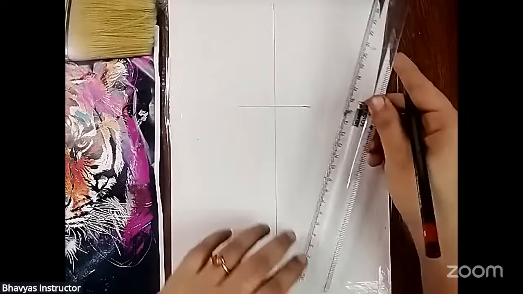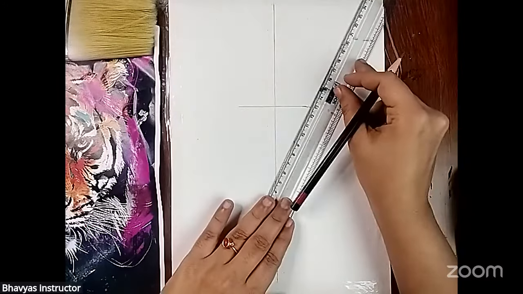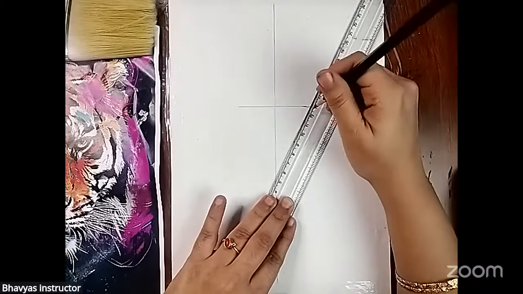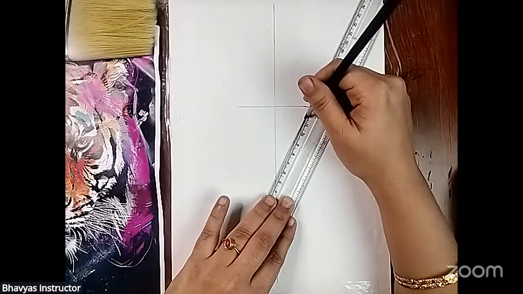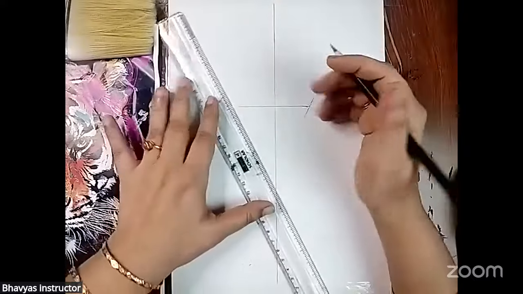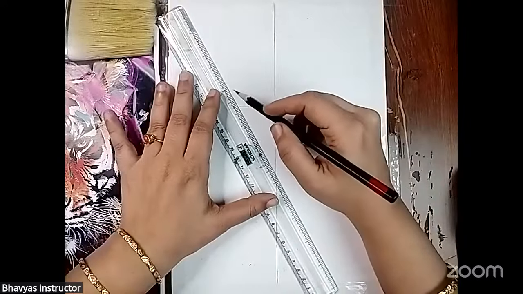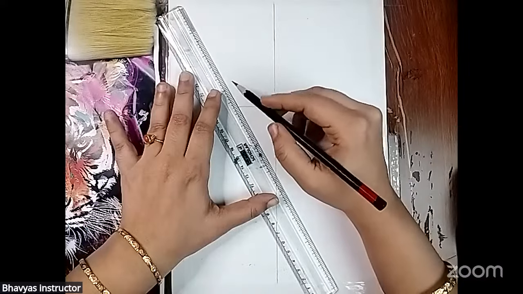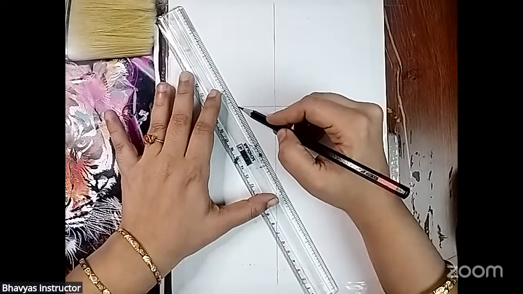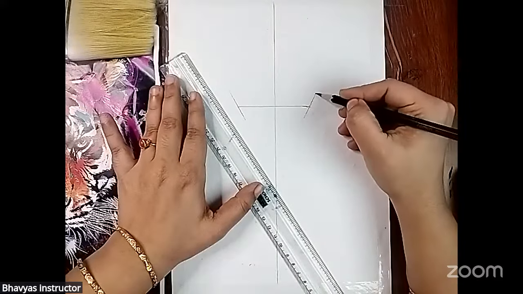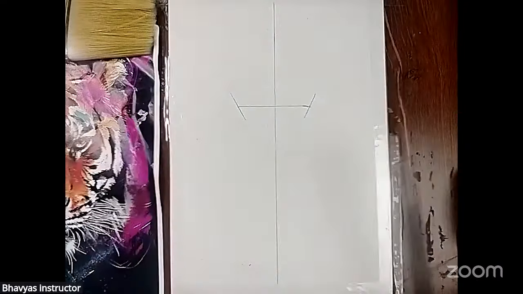Now, at the edges of this horizontal line, draw like this. Approximately draw slant lines like this. Just approximate value, no need to be exact.